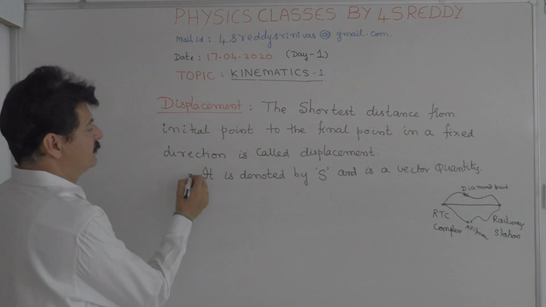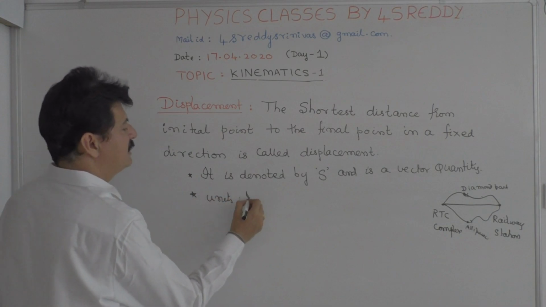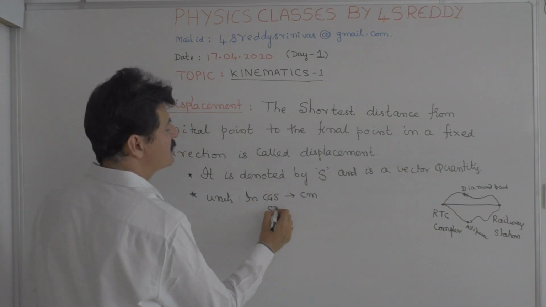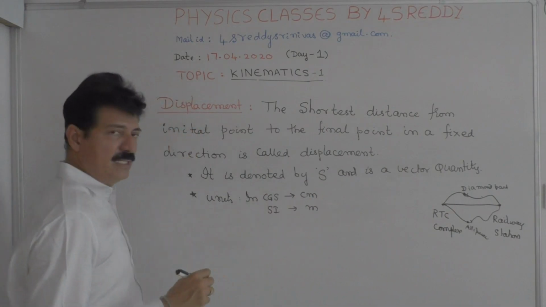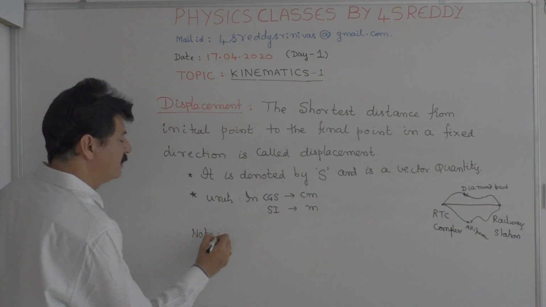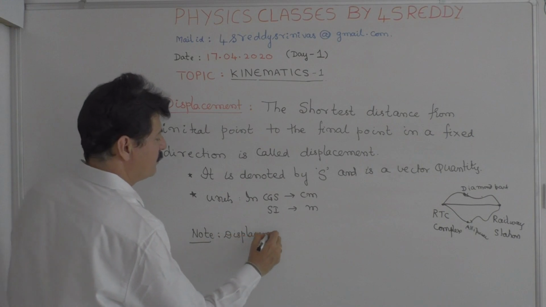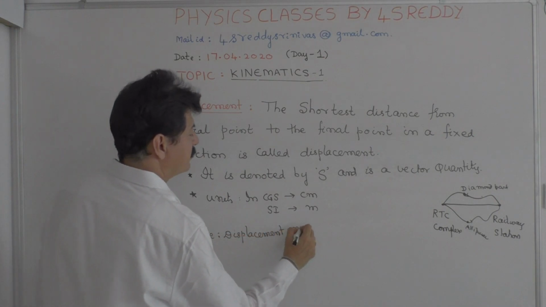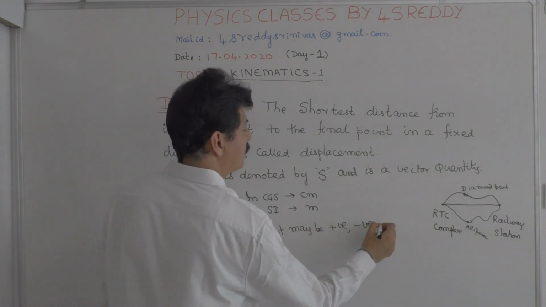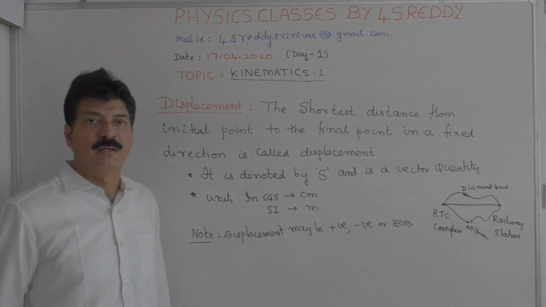And here, units: in CGS, it is also related with length, so it is in centimeters, and in the SI system it is in meters. And the very important point is that displacement may be positive, negative or 0.